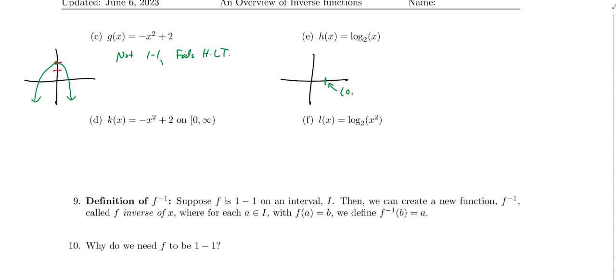The log functions, regardless of base, always pass through the ordered pair (1, 0), and if their base is greater than 1, all logarithm functions before transformations have vertical asymptotes right here, and their generic shape, if their base is bigger than 1, would look something like this. And so here we can see again that this is a one-to-one function. This is one-to-one. And another way you could say that is that it passes the horizontal line test.